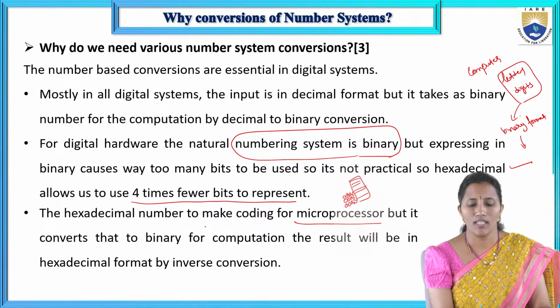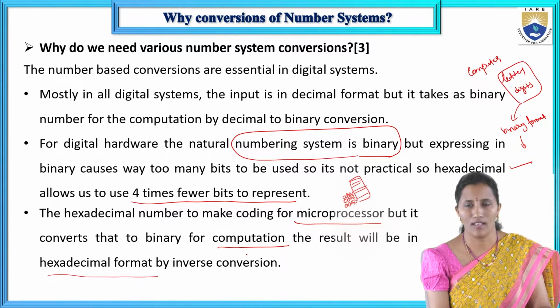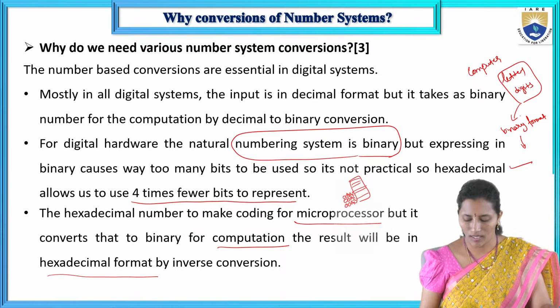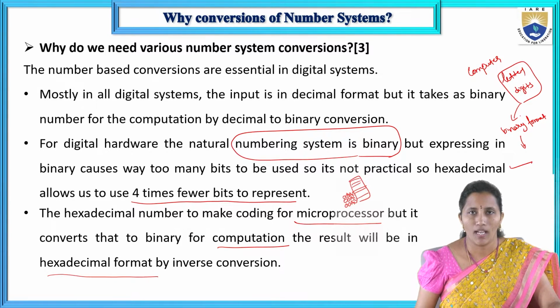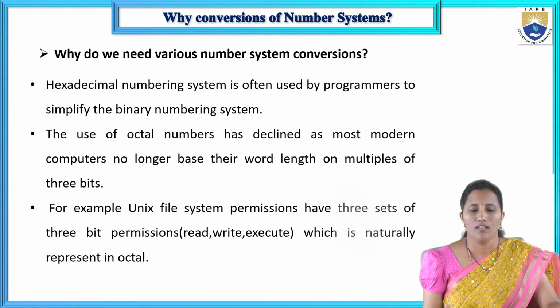The microprocessor is coded in hexadecimal, but it converts that to binary for computation. The result is given in hexadecimal format by inverse conversion. So it converts the hexadecimal into binary, does the computation, and again converts the binary into hexadecimal.